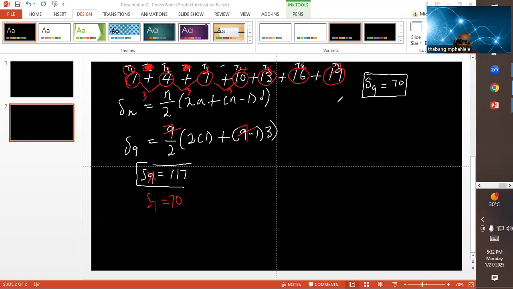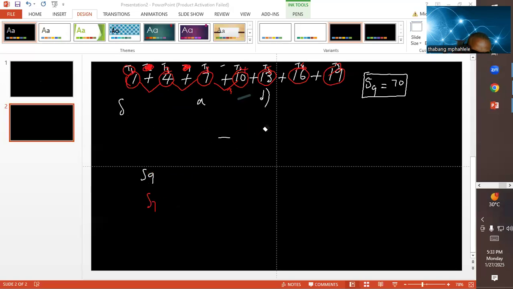So you've got 7 terms, and the sum of these 7 terms is 70. We found the answer by making use of a formula. So what is the formula for finding the sum of an arithmetic series?